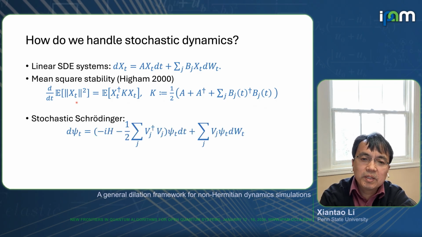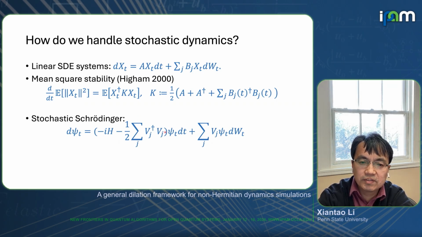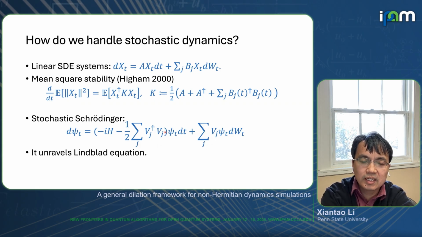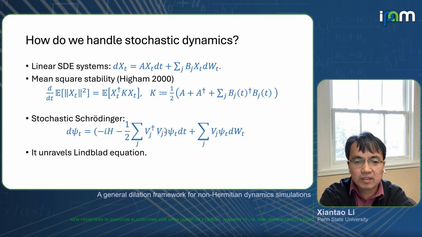On the other hand, in open quantum systems, the stochastic dynamics that we usually look at is the stochastic Schrodinger equation, right? And so over there, the Vj's are the jump operators, and there is this dissipation here in the drift term. The stochastic Schrodinger equation can unravel the Lindblad equation. It can also motivate some of the Lindblad solvers, but it has this really rigid structure.